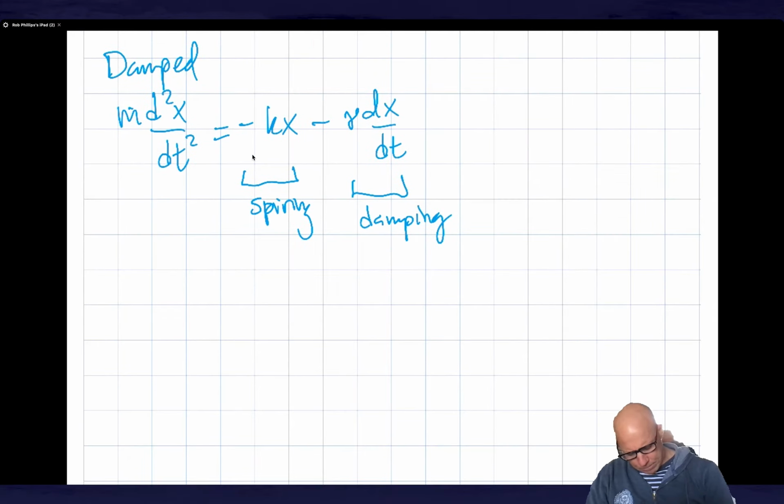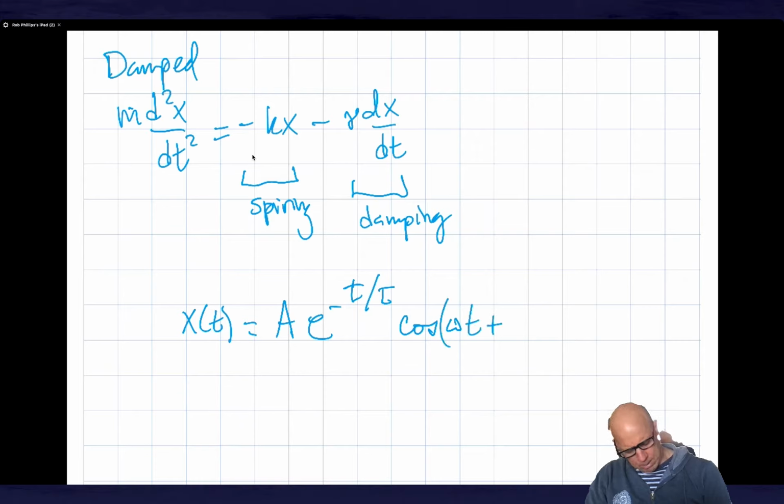I'm not going to derive this, but the solution to this is a e to the minus t over tau, times cosine omega t, maybe plus delta. So that's the solution. Notice that the amplitude decays over time.